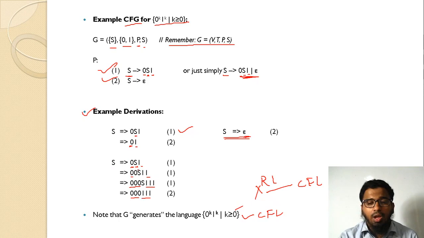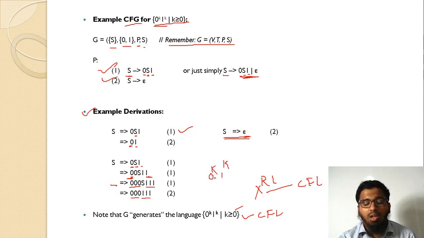Otherwise S is 0S1, then 00S11. An equal number of symbols we add on the left-hand side as well as the right-hand side. In the next step we do the same thing. So the equation will be the same, 0 power k, 1 power k. So this is about the derivation of this equation.